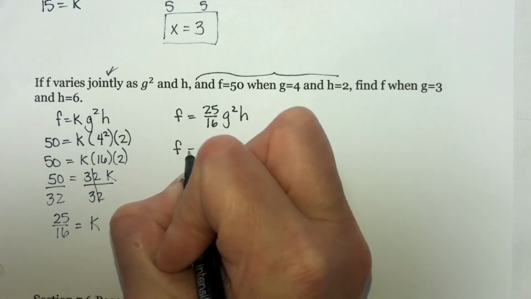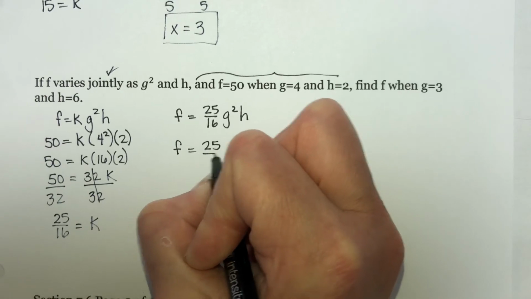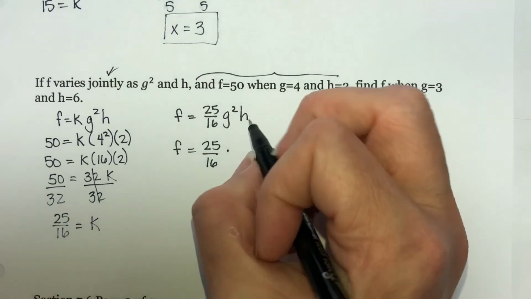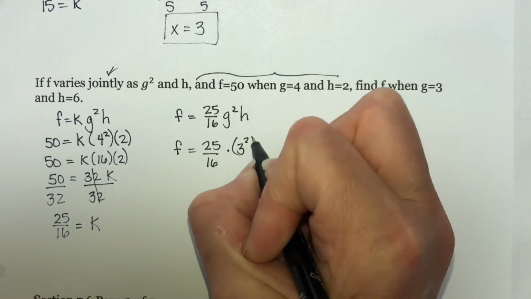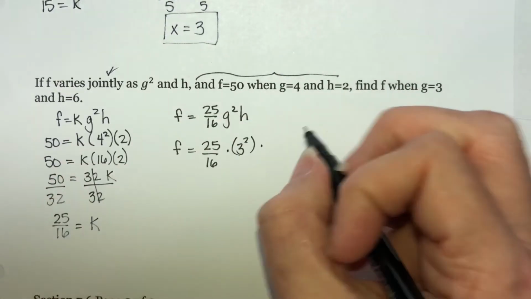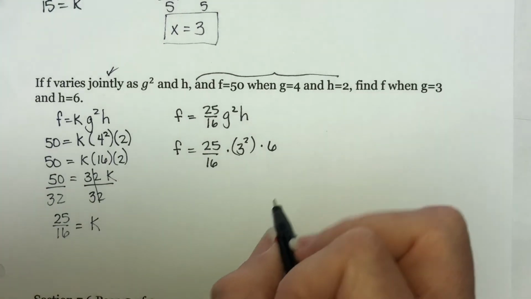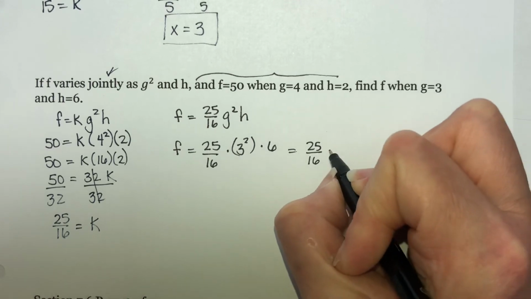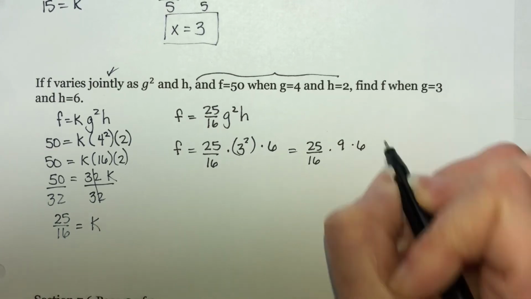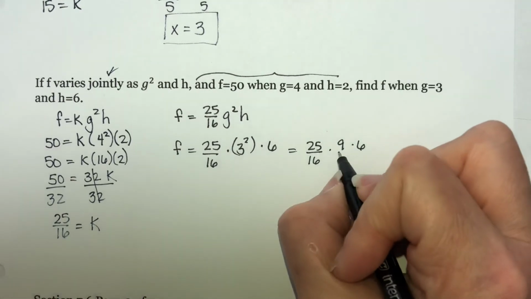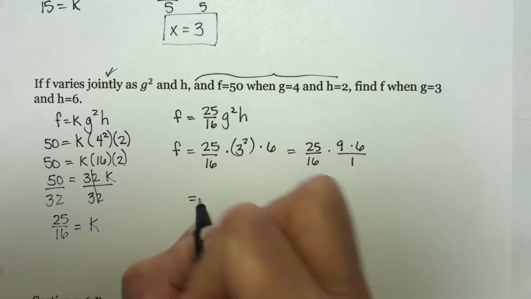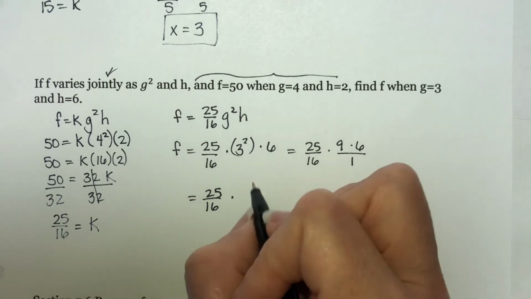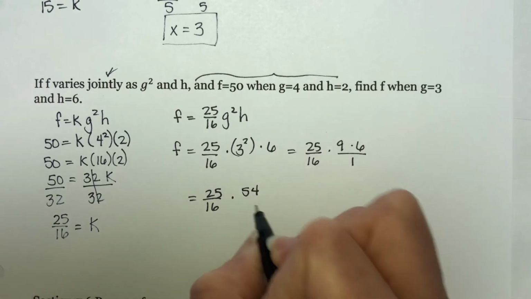So f is equal to 25 over 16 times 3 squared times 6. So this is 25 over 16 times 9 times 6. So this is 25 over 16 times 54 over 1.